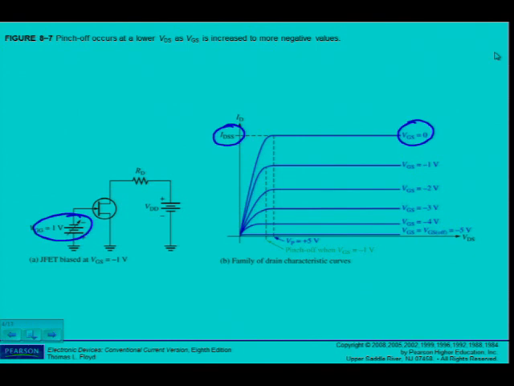Now I start to increase this biasing voltage. Remember, it's reverse biased, eh? So you can see as I increase VGS to minus 1, the current becomes smaller, ID becomes smaller, né? And so forth. As I carry on, it becomes smaller and smaller and smaller.